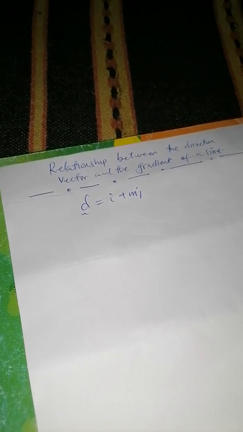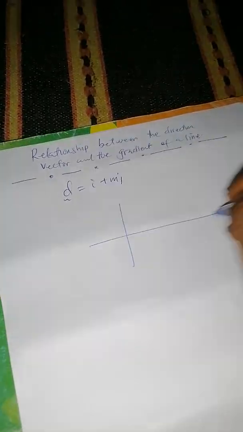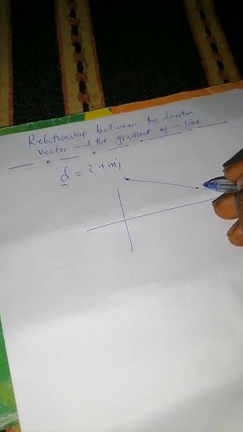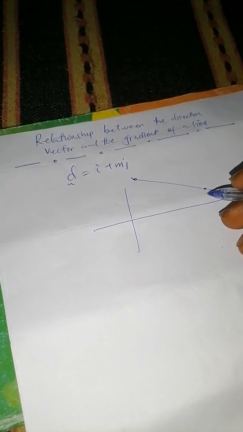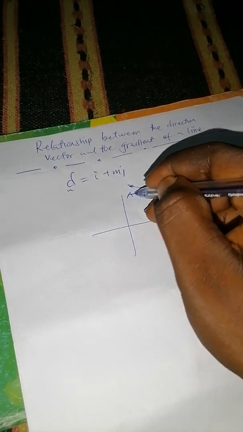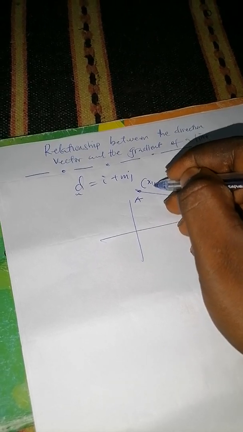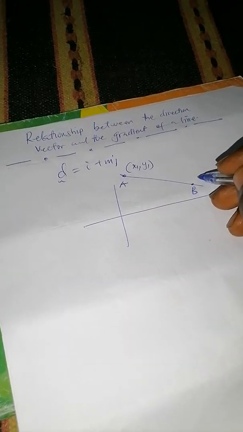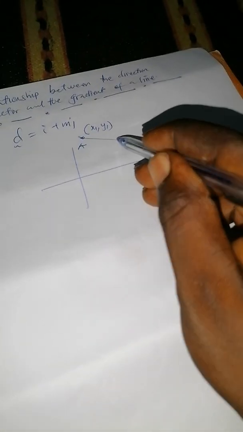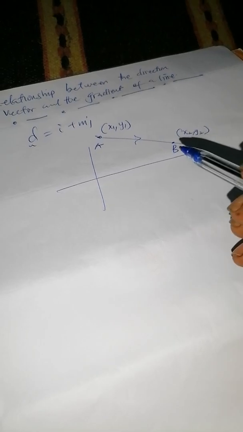Okay, now let me draw this, right? So I have 2 points of a line. Let me call this point A and this point B, right? Now point A is some (x1, y1), your point B is some (x2, y2), right? Now what do we know about the vector AB?